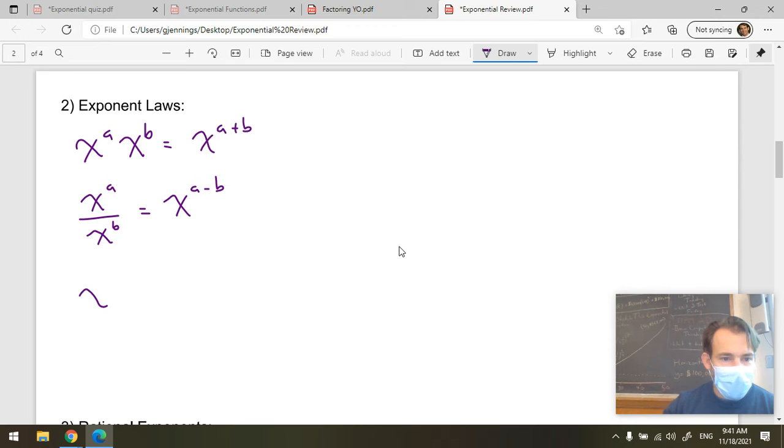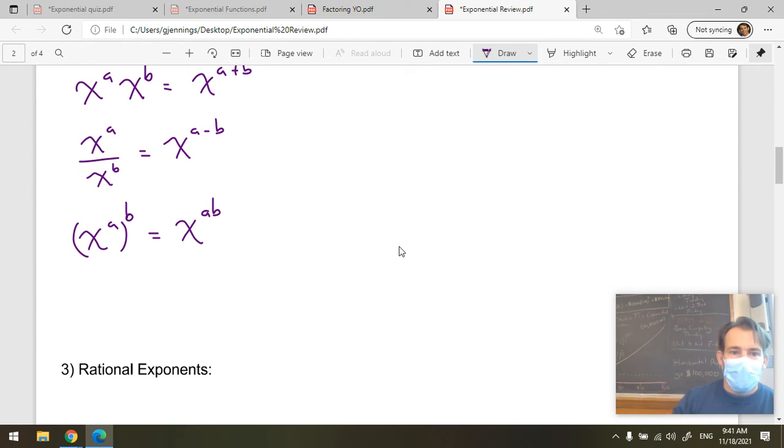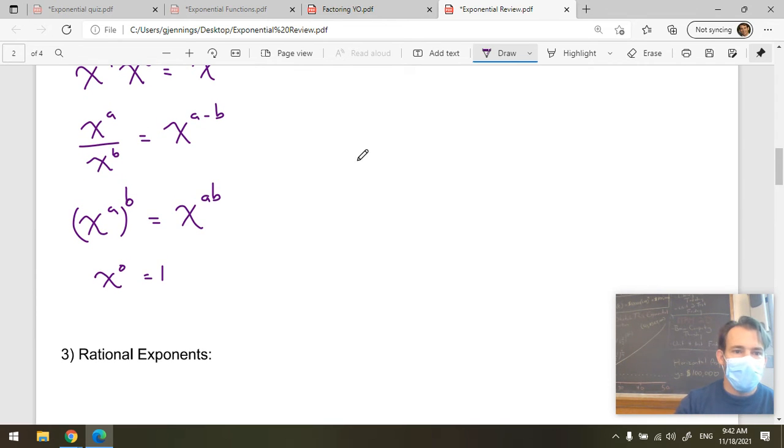We have x to the a to the b is equal to x to the ab. And we have x to the 0 equals 1, which is just a variation of this law. And x to the negative a is equal to 1 over x to the a. Again, I can create that with this law.